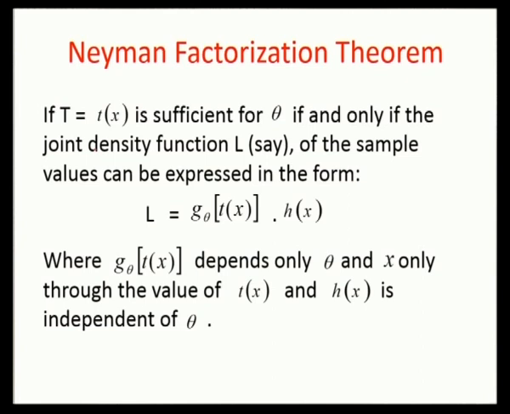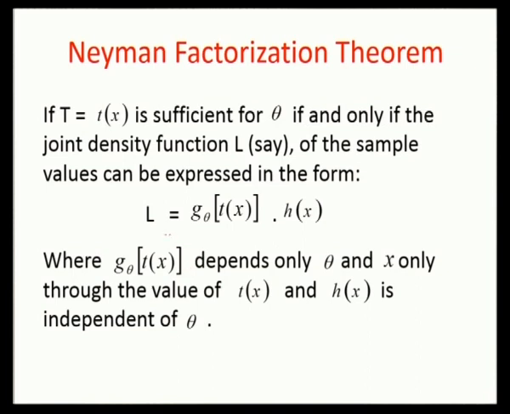T is equal to T of x is sufficient for theta if and only if the joint density function or the likelihood function L of the sample values can be expressed in the form L is equal to g of T of x, where this function T of x depends upon theta, and h of x.